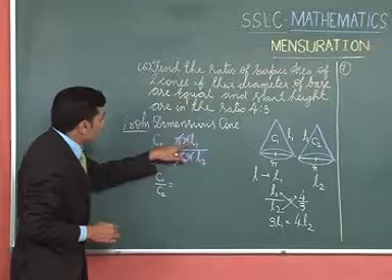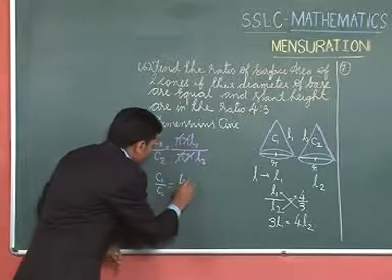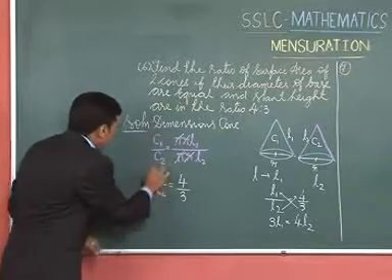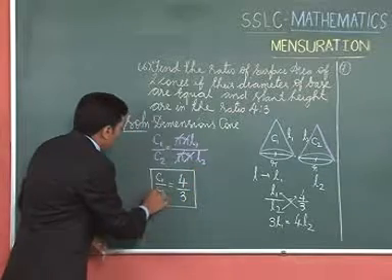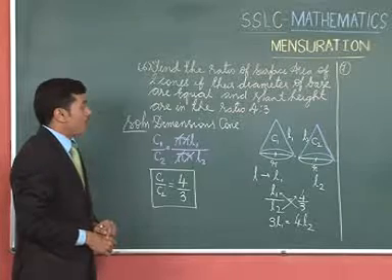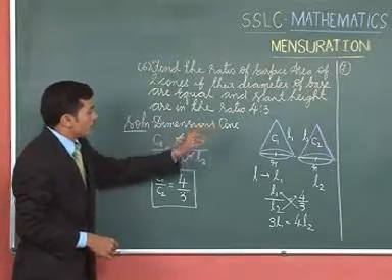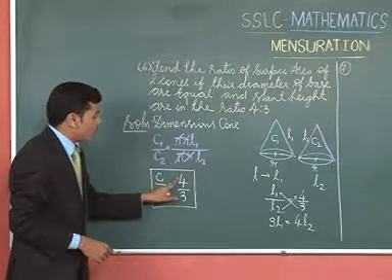So this is the answer. So the surface area of the cones with the same diameter and slant height in the ratio 4:3 have the surface area which is in the ratio of 4:3.